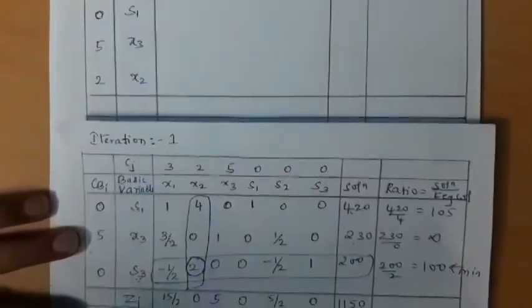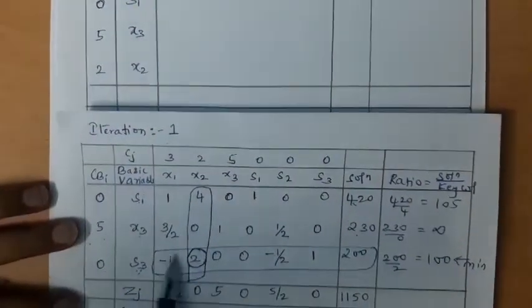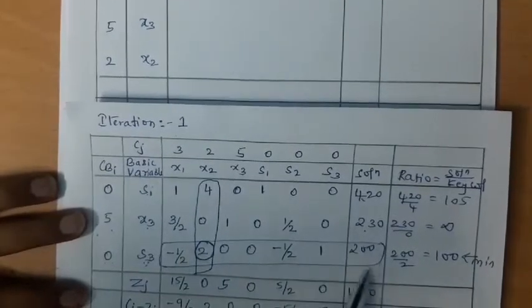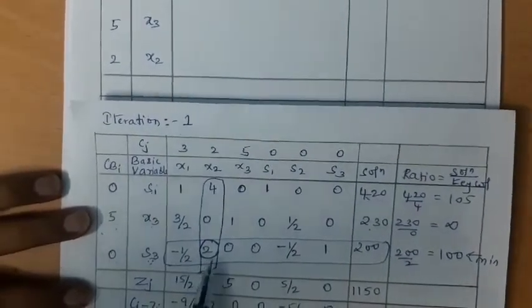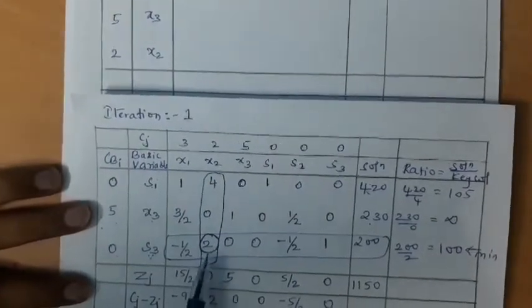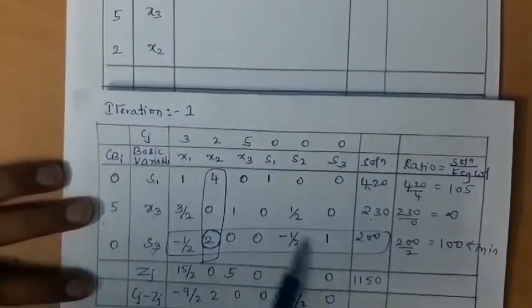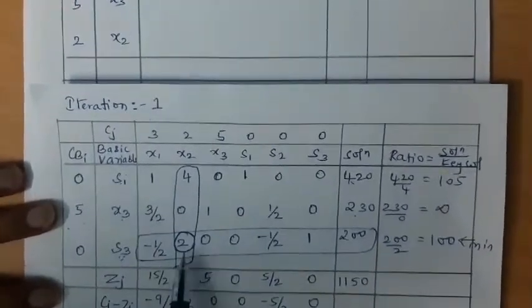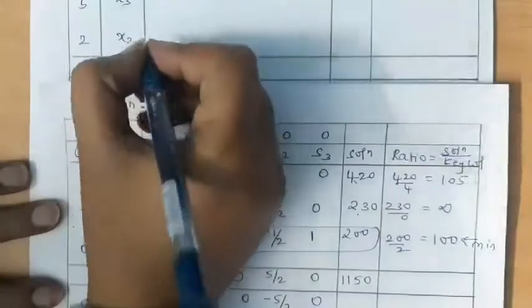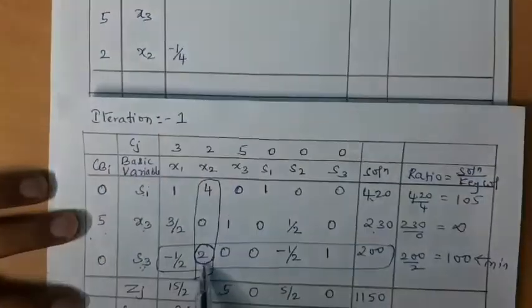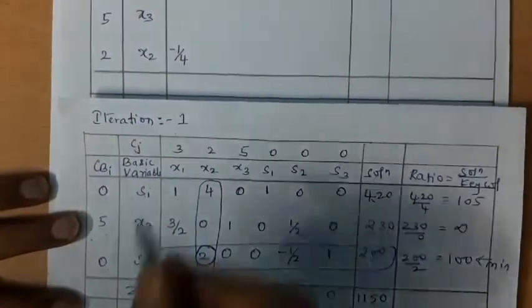So now first let us find the first value for the key row. So this is the key row. So the complete key row has to be divided by key value. I have told the complete key row has to be divided by key value. So our key value is 2. So divide all these values by 2. So minus 1 by 2 divided by 2, we get minus 1 by 4. So assign here minus 1 by 4. Next, 2 divided by 2, that is equal to 1.